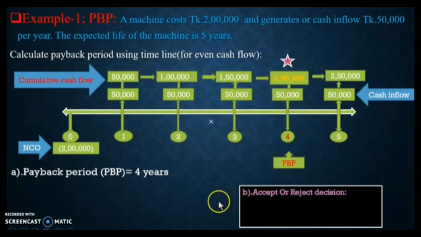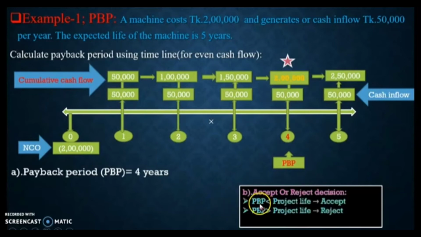B. Accept or reject decisions. Is this project profitable or non-profitable? Here we have some conditions. 1. If PBP is less than project life, the project will be accepted.